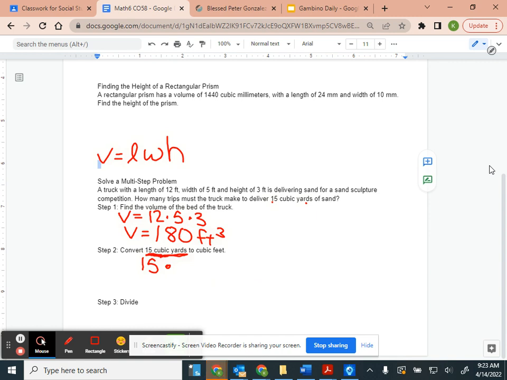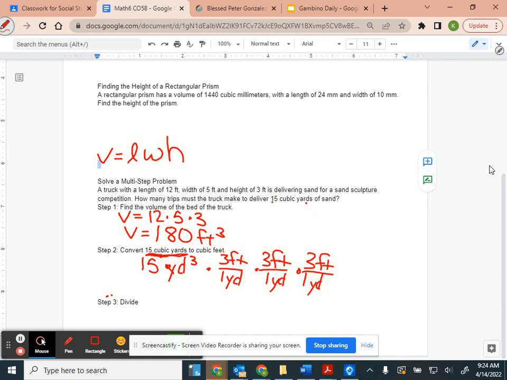So you're right that we're going to be multiplying by 3, but because it's yards cubed, that's 3 feet for 1 yard. That's singular. We want to do it 3 times because it's yards cubed. So it's times 3 feet times 3 feet. Oofta, I cannot believe I forgot that big important part.